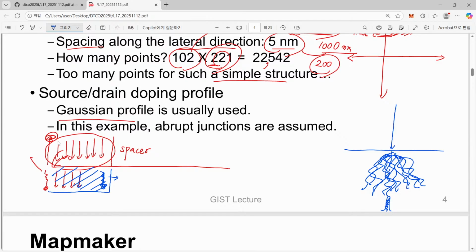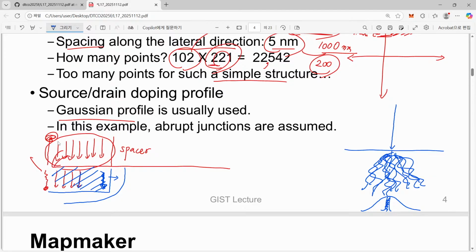Actually not. So we will have a widely spread distribution of lateral position. Simply speaking, although we have made this vertical injection, in reality we have a certain broadening toward the lateral direction.